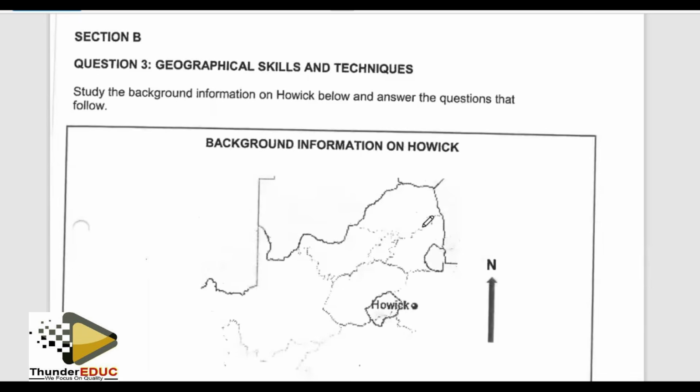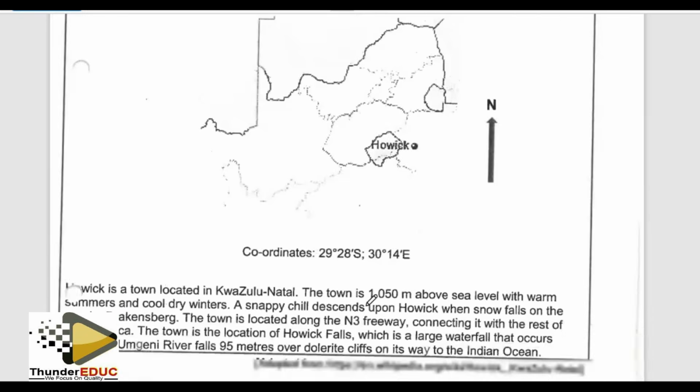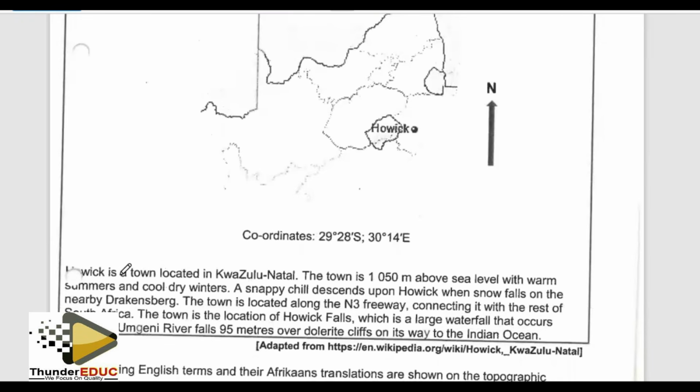Question 3, geographical skills and techniques. Background: Howick is a town located in KwaZulu-Natal. The town is 1,050 meters above sea level with warm summers and cool dry winters. Temperatures drop when snow falls on the nearby Drakensberg.